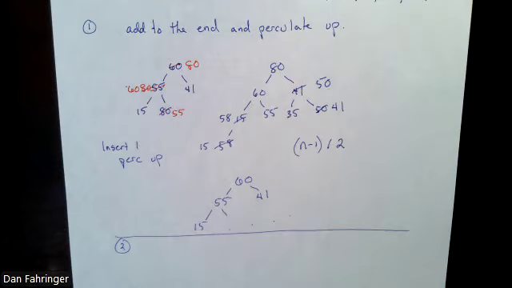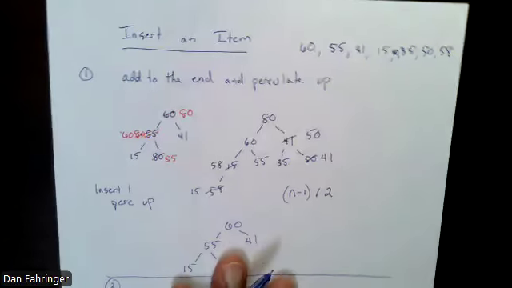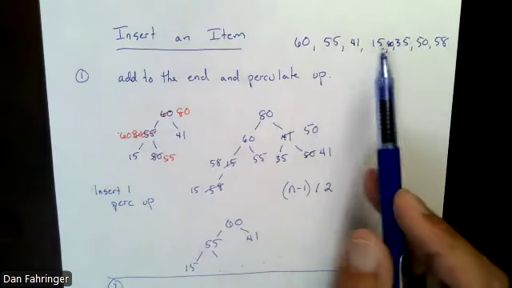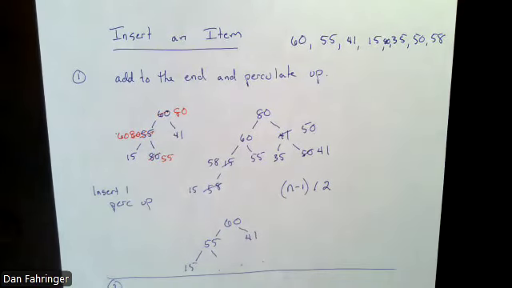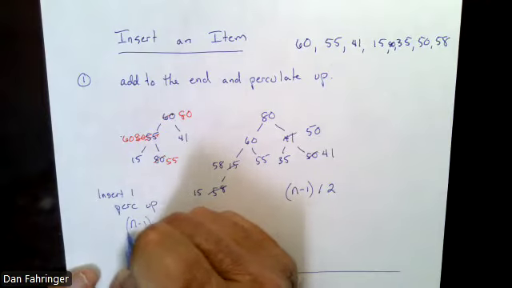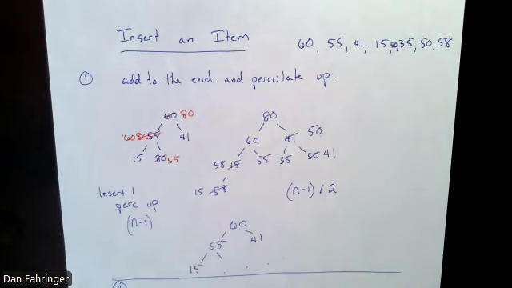How many percolations could I have possibly done? All but the first one, right? I could have had to percolate here and percolate here. I'd have to do a lot of percolations. I'd be doing n minus one percolations. Worst case scenario.